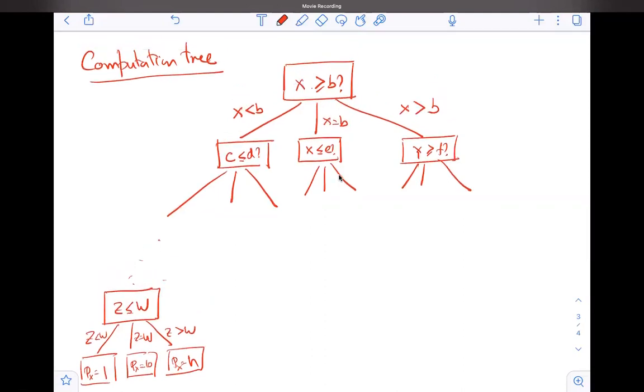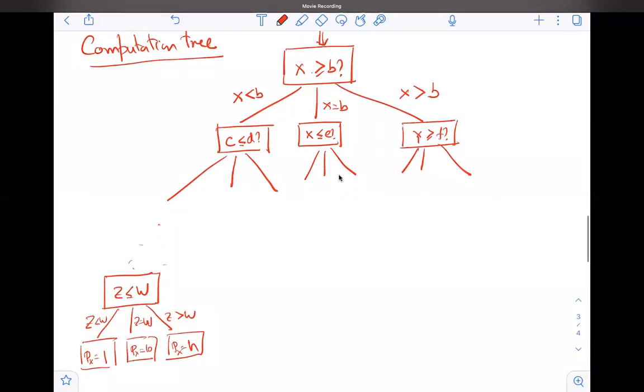So this is a computation tree. Let's try to understand the various things that are there. It's a tree. Note that every node has exactly 3 children, or doesn't have any. Either it's a leaf or it has 3 children.